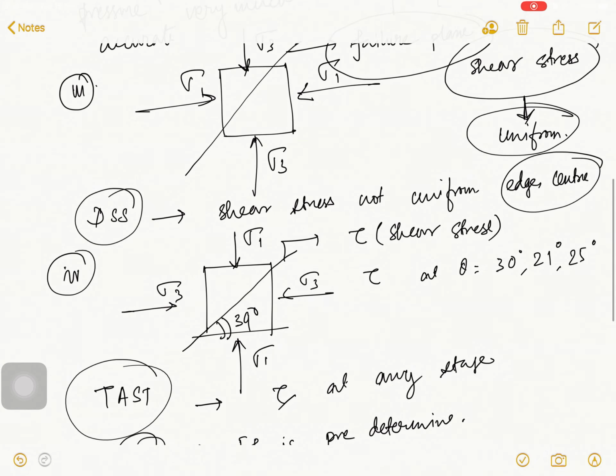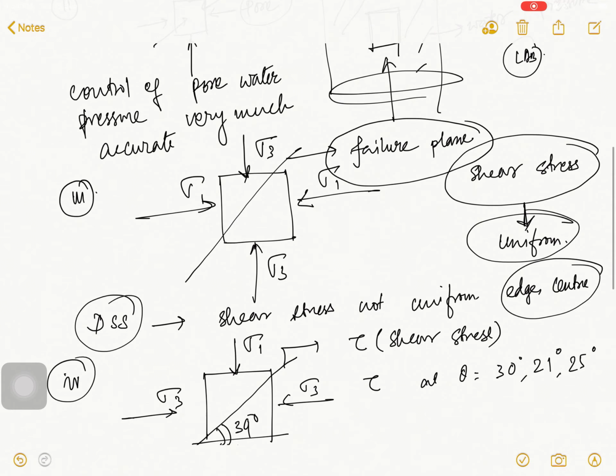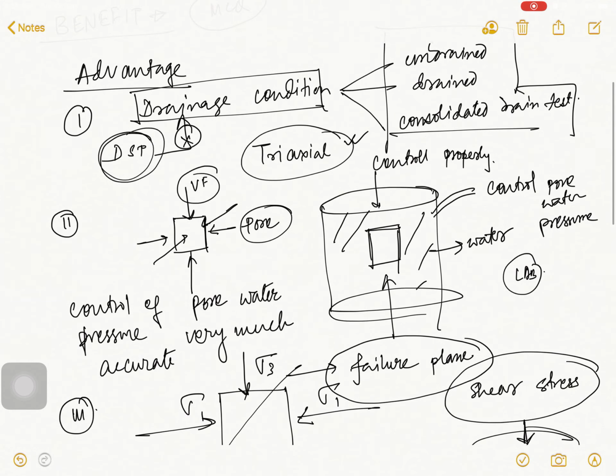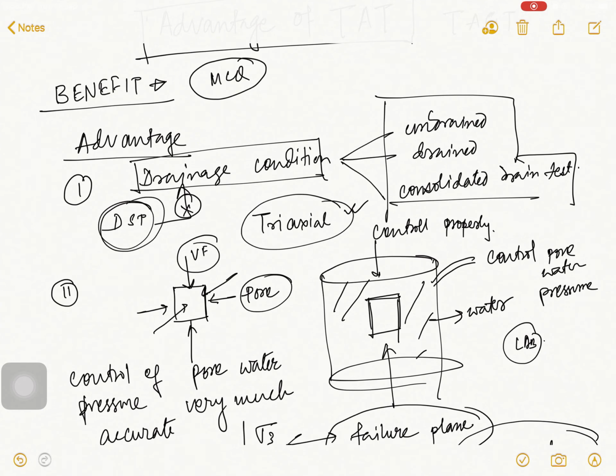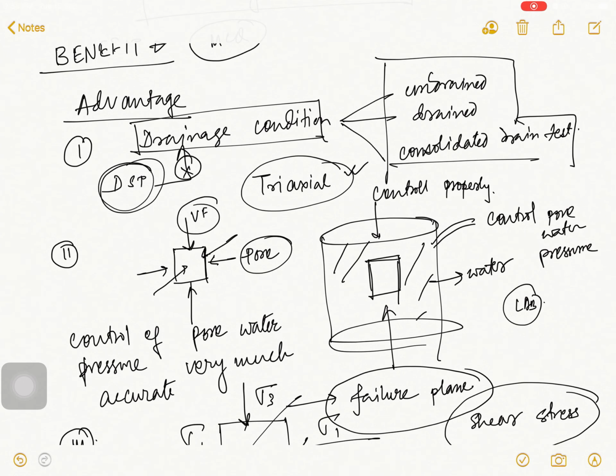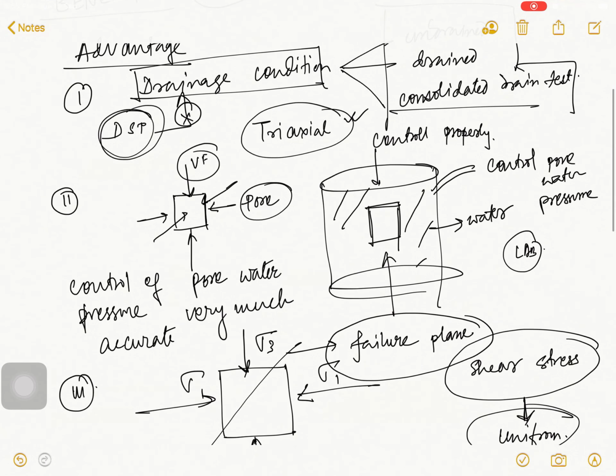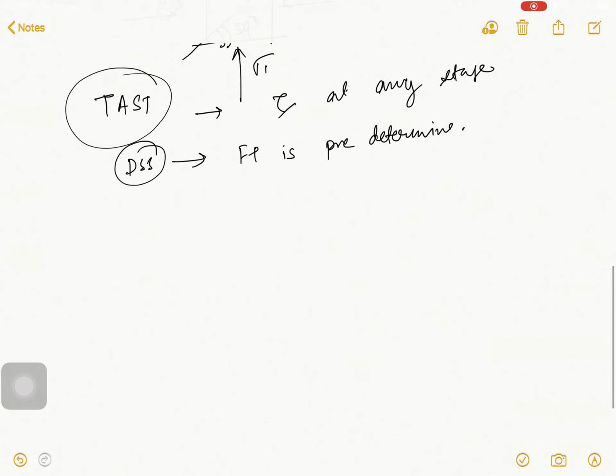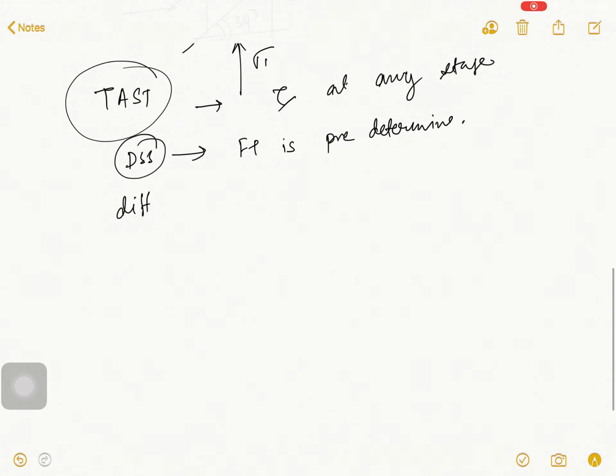So yes, these are the 4 points I talked about, the advantages of the triaxial shear test. Along with that, I talked about why direct shear test has lots of disadvantages. So depending on these 4 points, you can also write the difference between the triaxial shear test and the direct shear test.